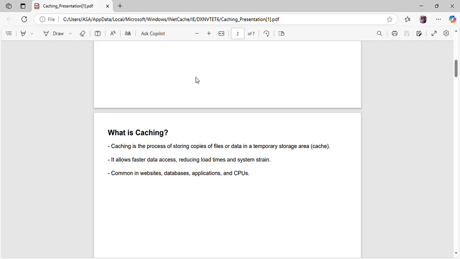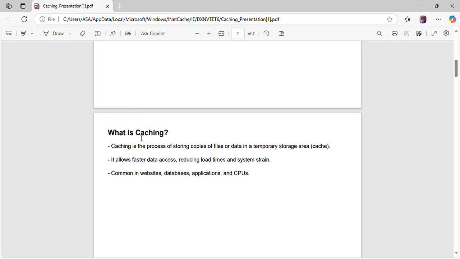Caching is the process of storing copies of files or data in a temporary storage area. It helps us store a copy of files in a temporary, not permanent, storage area called a cache, which makes it easier for us to locate, and it has a lower storage capacity.